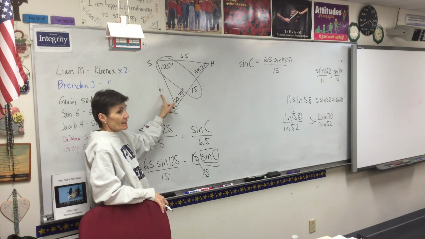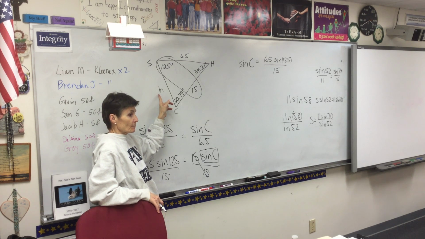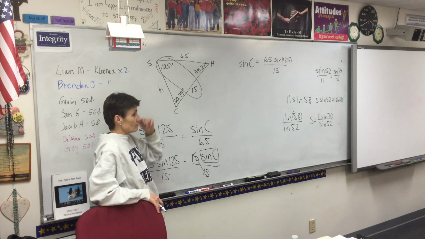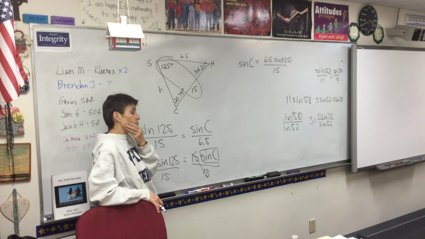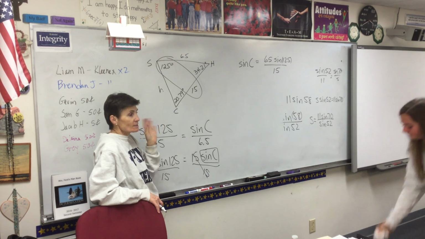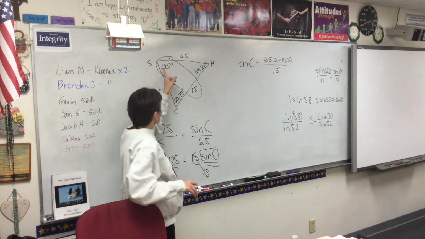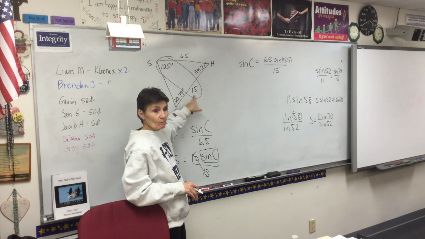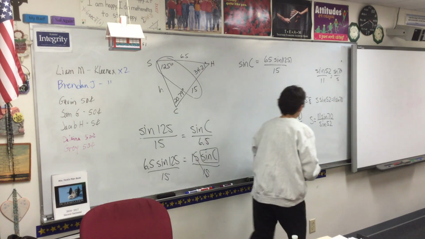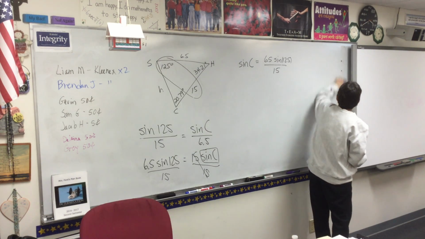Now we got to find side H. Who's got a plan for side H? Anybody have a plan? Someone should have a plan. Law of sines. We're doing the law of sines. So what's it going to look like? Sine 125 over 15. And then sine H over 34.21.